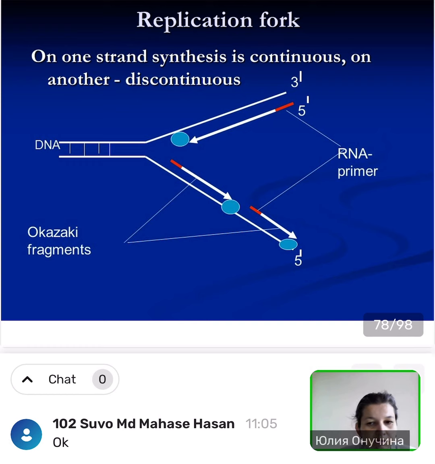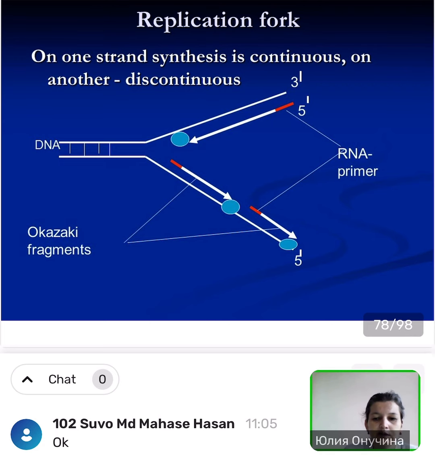But the other strand must begin from 5 prime too, and it will not be the beginning of the strand, but the beginning of the fork. So we will see several fragments of biosynthesis. We call them Okazaki fragments. Each of them will have a primer for beginning.